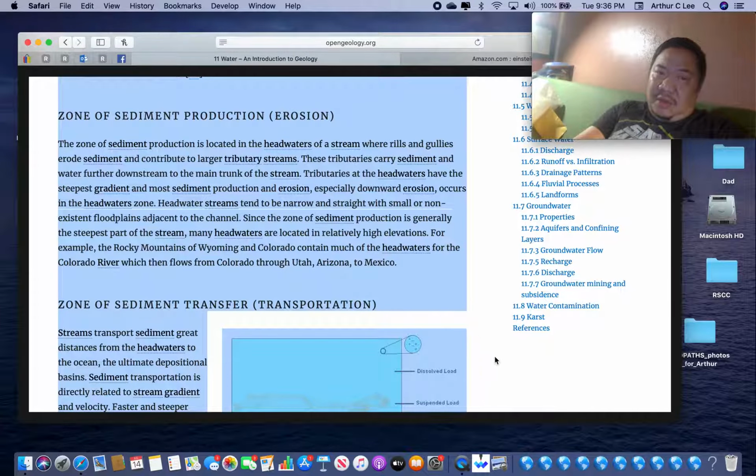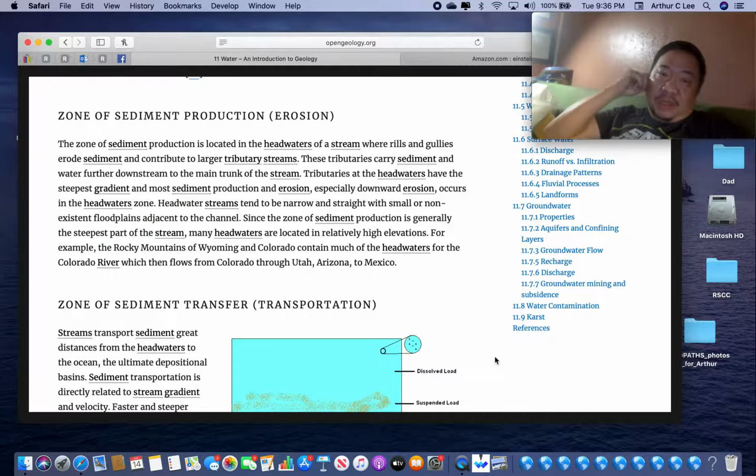Next thing we're going to talk about is sediment production or erosion. So rivers are going to flow from their headwaters down to the mouth of the river. And as the river grows, we talked about how a river grows, especially for meandering streams.